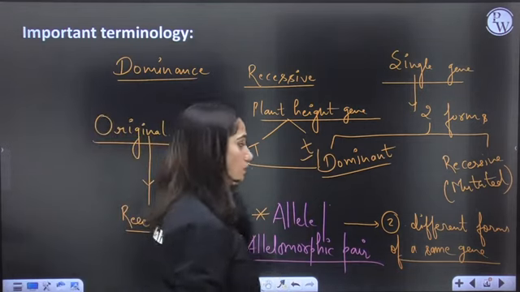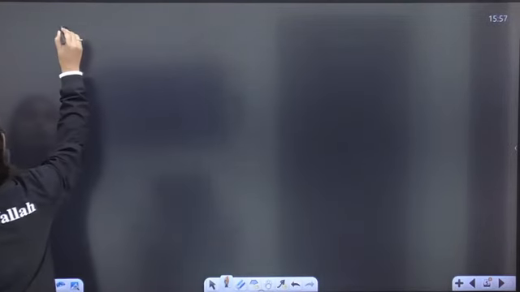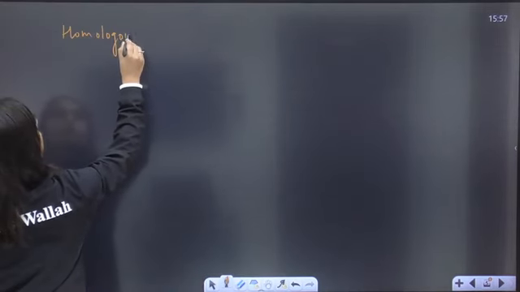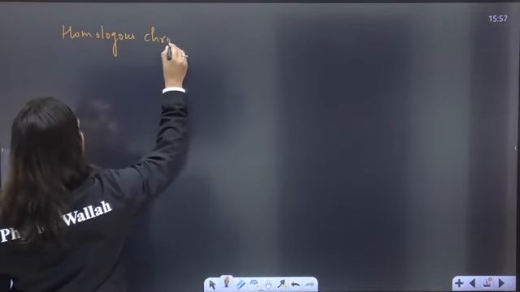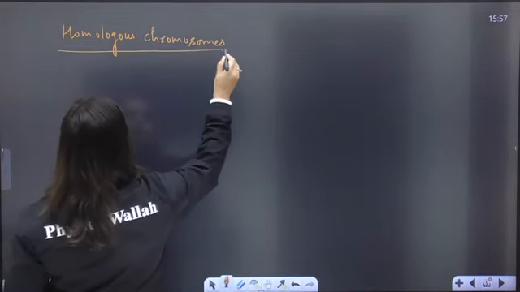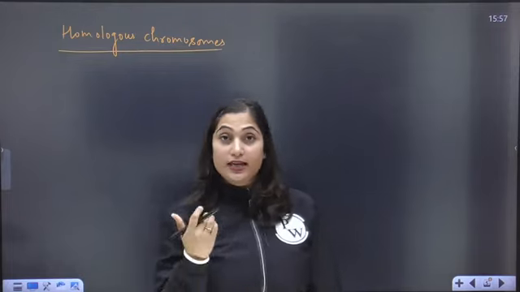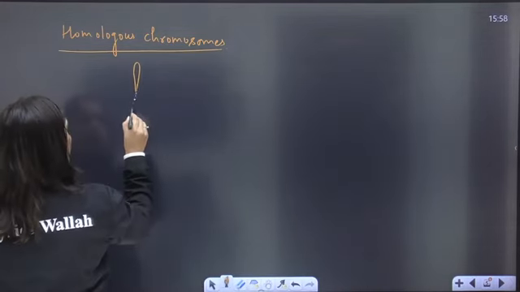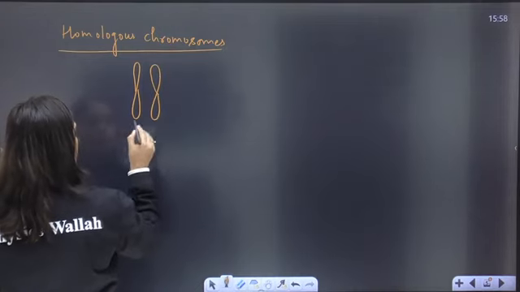Okay? Now, let's understand the concept of homologous chromosomes. In diploid organisms like us, the chromosomes occur in pairs and the pairs are called homologous chromosomes. Why do we call them homologous chromosomes?